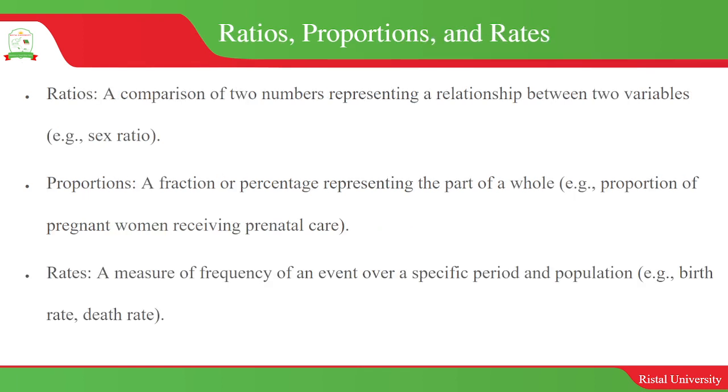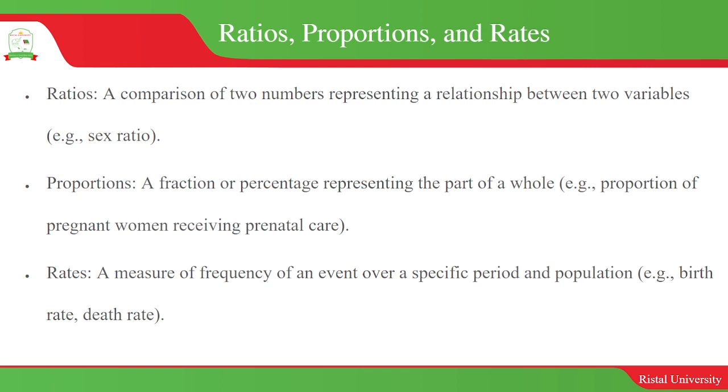So before we look at what these reproductive health indicators are, we need to first understand the basics. And this is where you have the intersection between epidemiology and biostatistics.